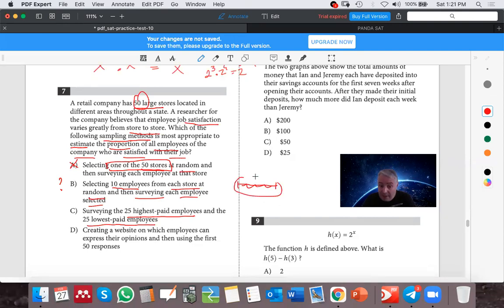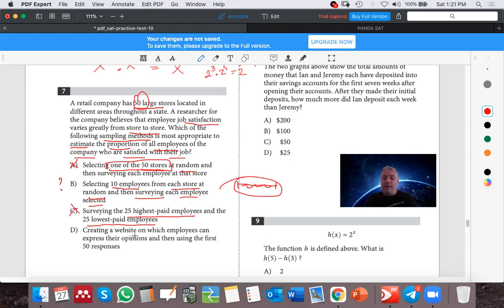Most of the people are getting average salaries. So you are not dealing with most of the people, you are just looking at the top and the bottom. So it's not a good way, since we want to get the overall satisfaction of the branches of this company. So it is not a good way.